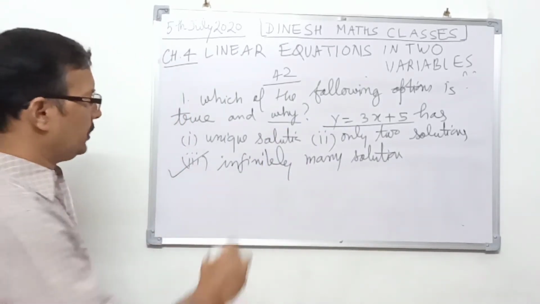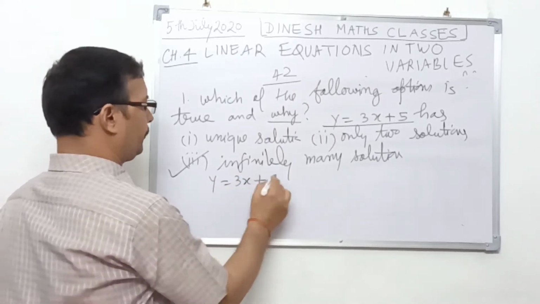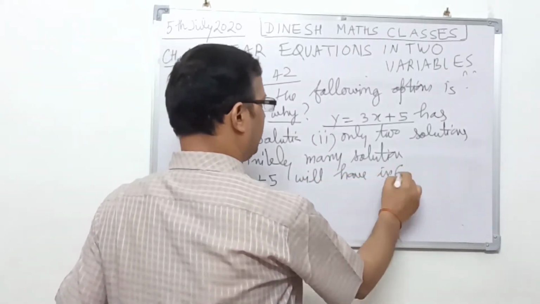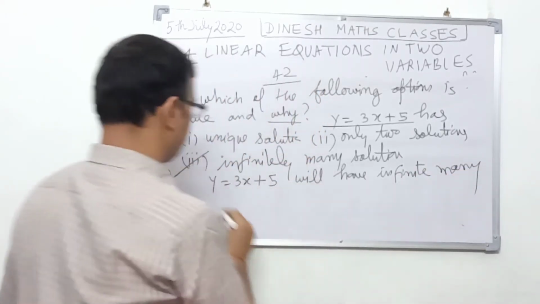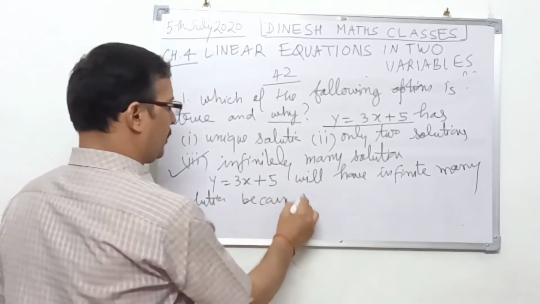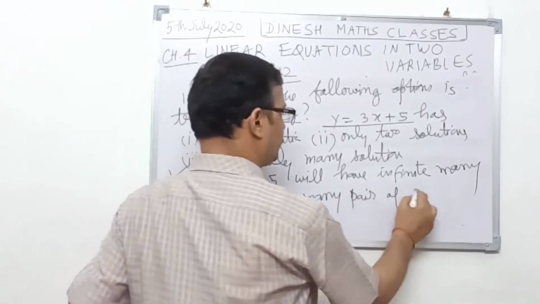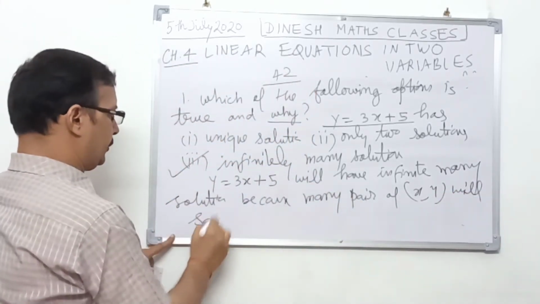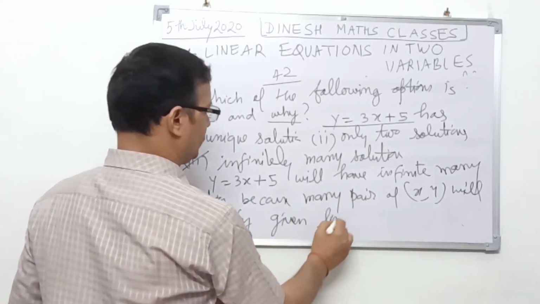So why can this have infinitely many solutions? As a reason you can give: y equal to 3x plus 5 will have infinitely many solutions because many pairs of x, y will satisfy the given linear equation.